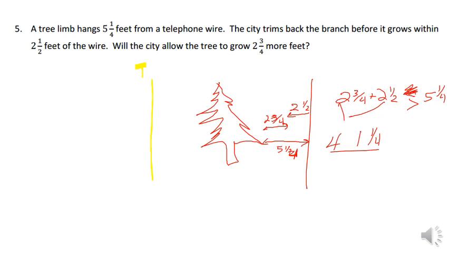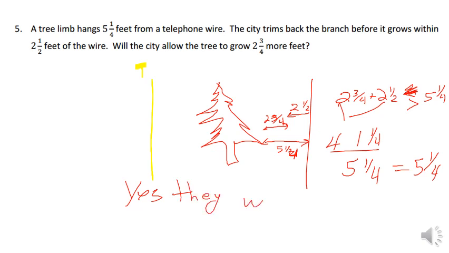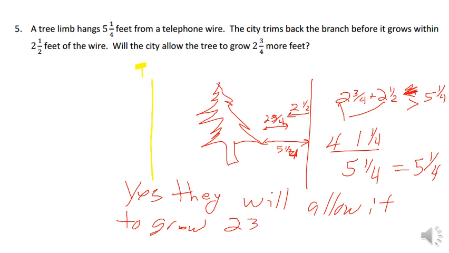Well, we can see when we add these two up, that'd be 4 3/4 and 1/2 is going to be 1 1/4, which equals 5 1/4. So it's going to be equal to 5 1/4. So yes, they will allow it.